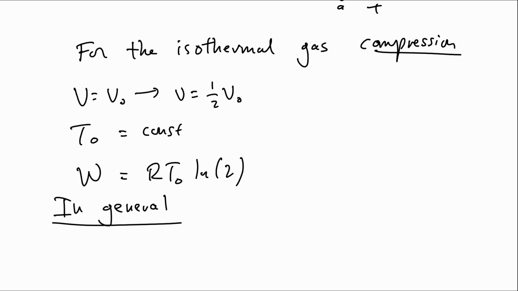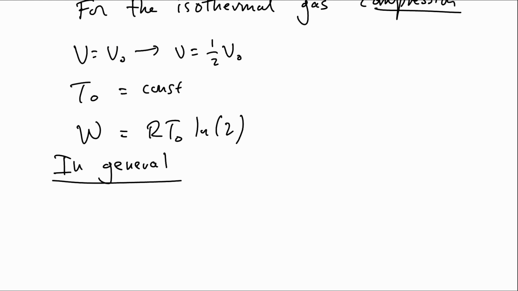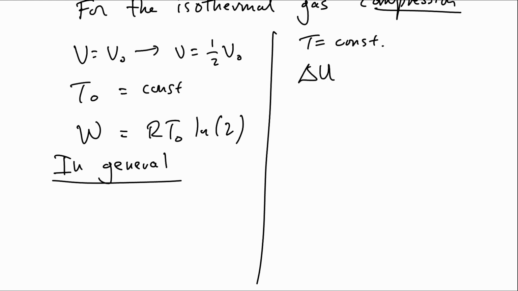If we go back and do that calculation, let's do our full accounting, right? T is constant, and delta U is 0, because it's isothermal. That'll be one of the questions on an exam. Which is equal to Q plus W.